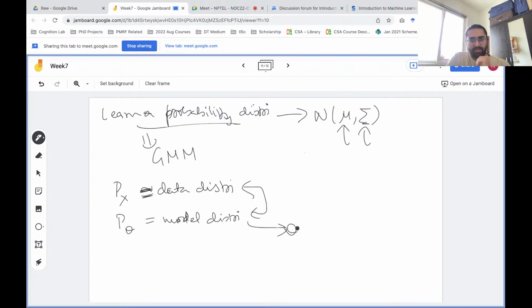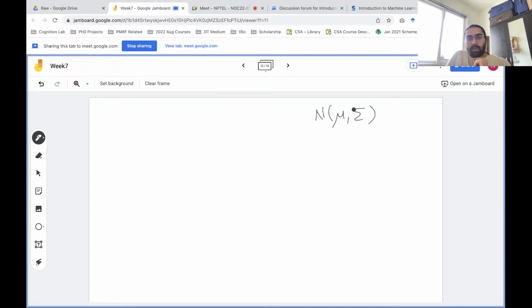One way to do that is something like this. Let's say I want to learn a Gaussian with mu and sigma. This means that I need to learn mu and sigma. So I have a neural network like this, which takes in some input, and it doesn't output the distribution as such, it outputs the mu and sigma of this distribution.